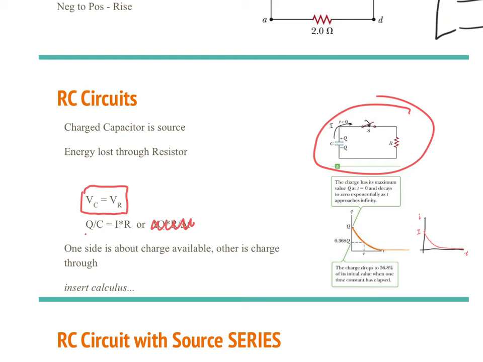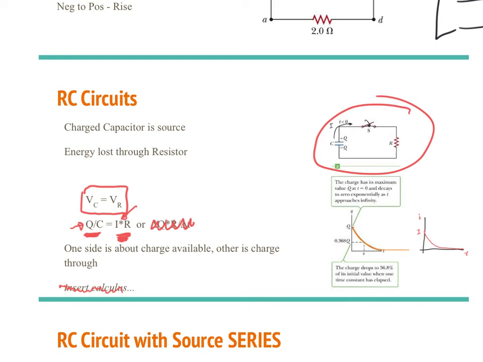So that the charge divided by the capacitance is the same as the current multiplied by the resistance. As the charge gets less and less, the current gets less and less. And that's what we see here. Going to keep it to that concept, and we're going to skip the calculus.